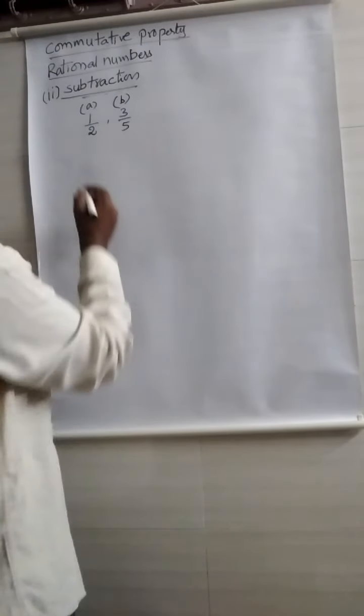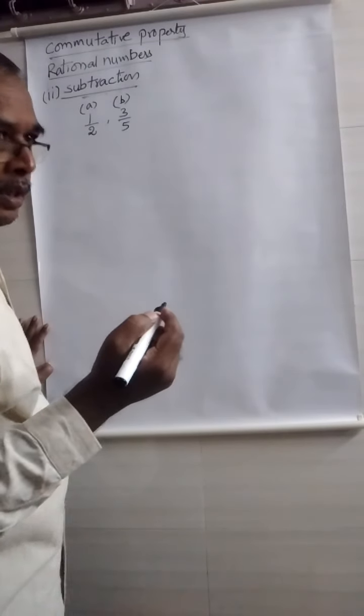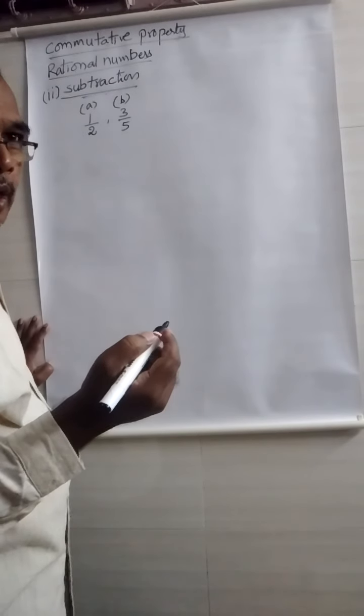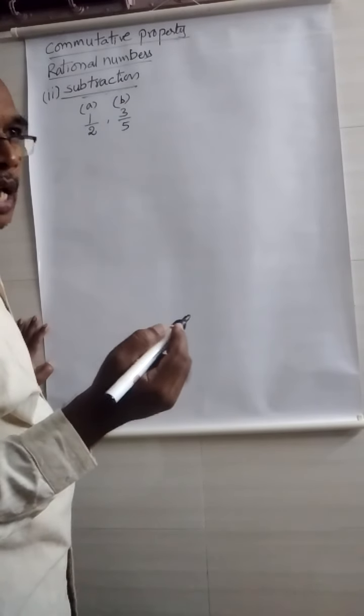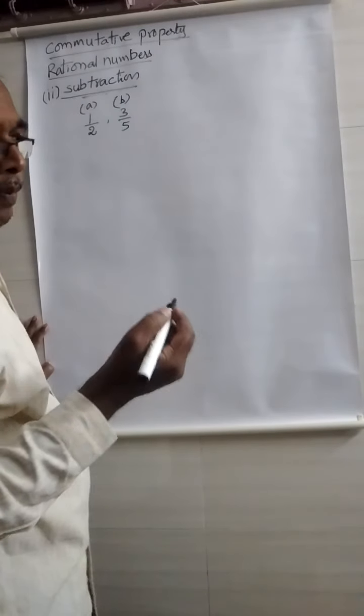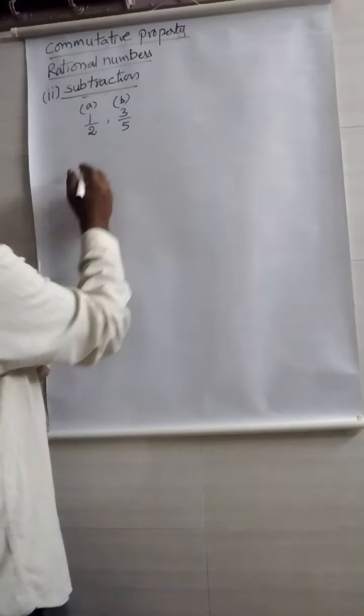Already you know what subtraction is. Already you know the commutative property. There is no change in the result even though the order of the numbers is changed. Then it is called the commutative property. Now we check the commutative property under subtraction.